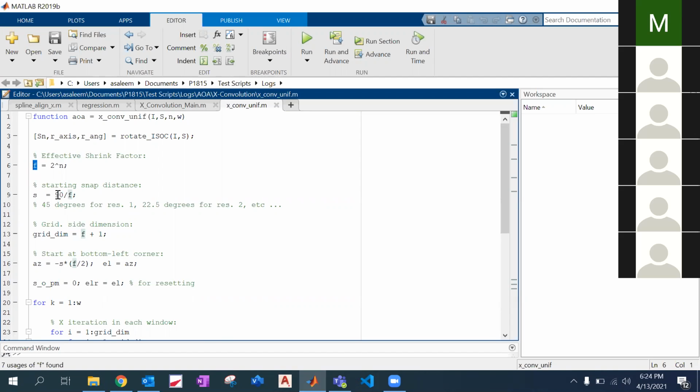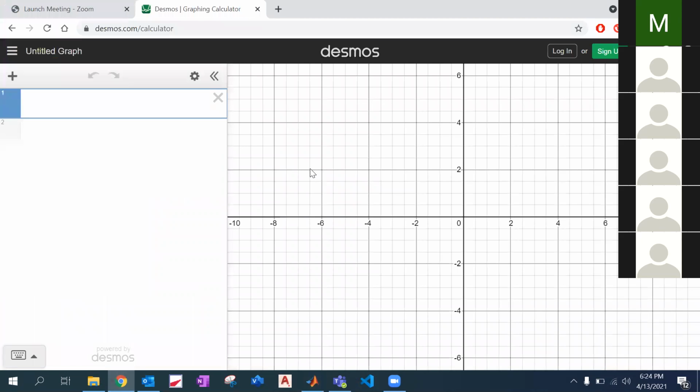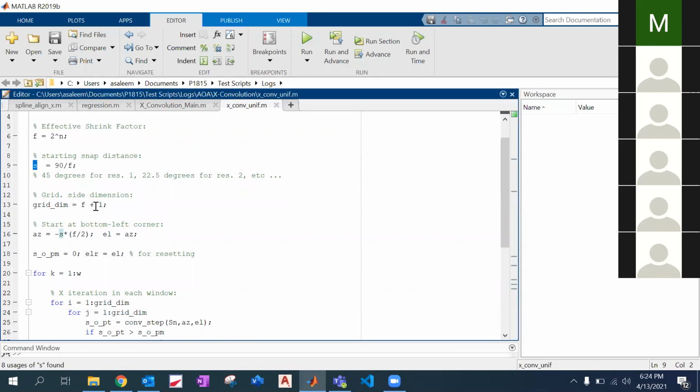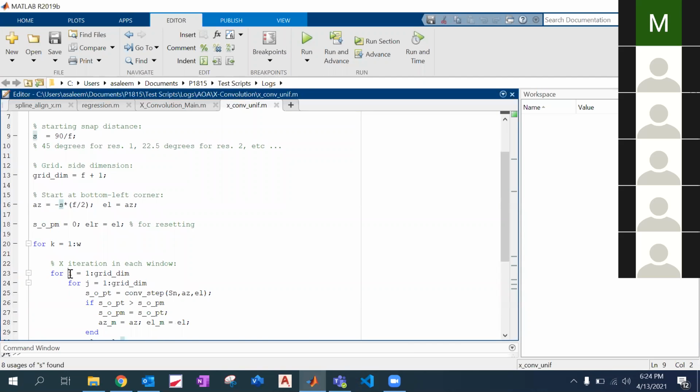So if you do 90 divided by f, where 90 is from 0 to 90 degrees, the higher bound, this is the snap distance of the grid. This distance gets smaller the higher you specify the resolution. And then the grid dimension is that +1. So you're iterating from each point of the grid, from the starting snap distance all the way to the end, for both azimuth and elevation.